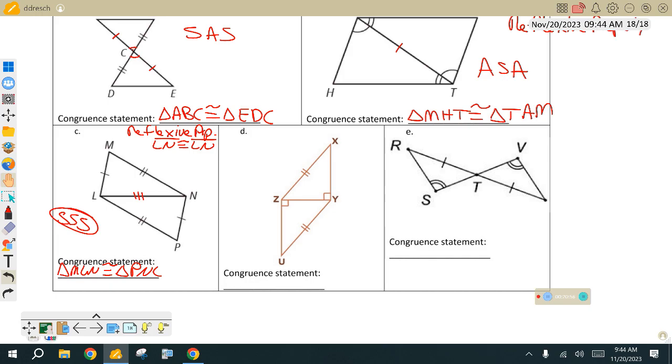All right, coming back around. Letter D. On letter D, I jump to my 5 shortcuts. Anybody? What do we have possibly for that one? HL. When I look at HL, one thing that jumps out to me is a right angle. Doesn't imply I'm using HL, but it brings that to the top of my list. Then I look at the hypotenuse. Got to have a leg, and where is my leg?